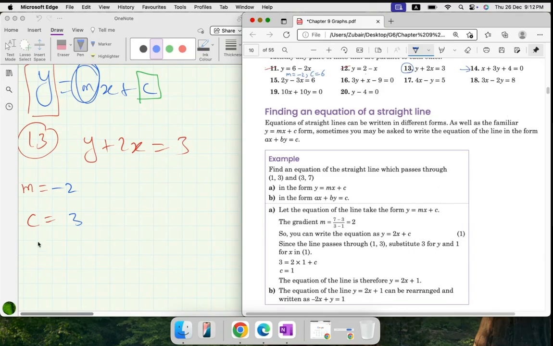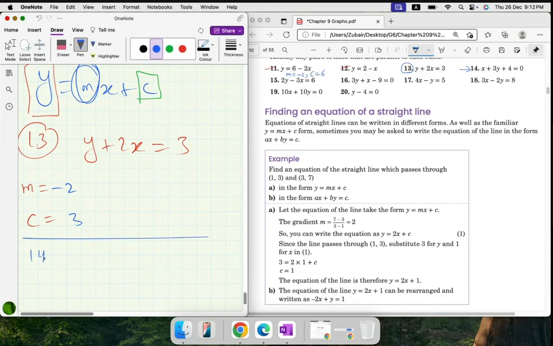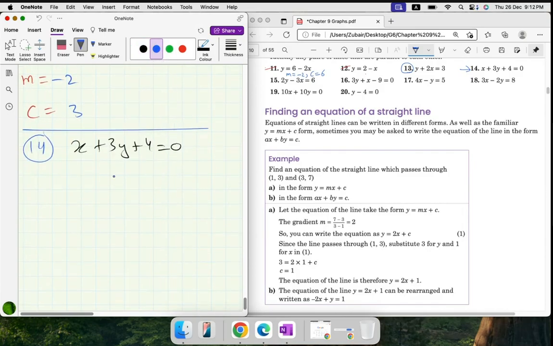When we look at question number 14, this says x plus 3y plus 4 is equal to 0. So we have to make y the subject. 3y is equal to minus x minus 4. Still, this is 3y, not y. So this is equal to minus 1 over 3 x minus 4 by 3. So gradient is minus 1 by 3 and y-intercept is minus 4 by 3.